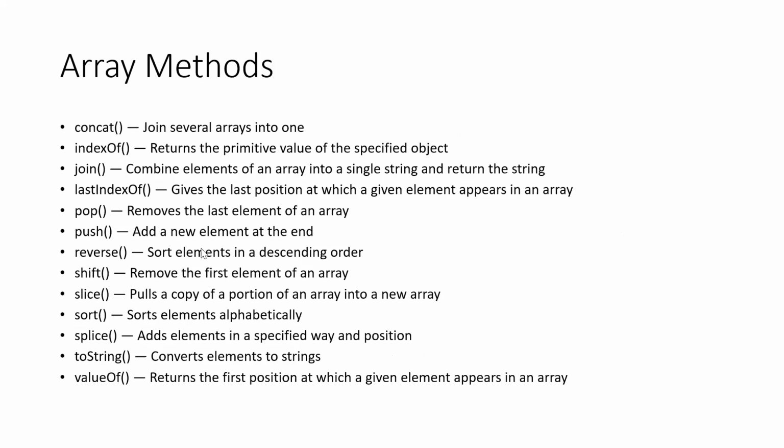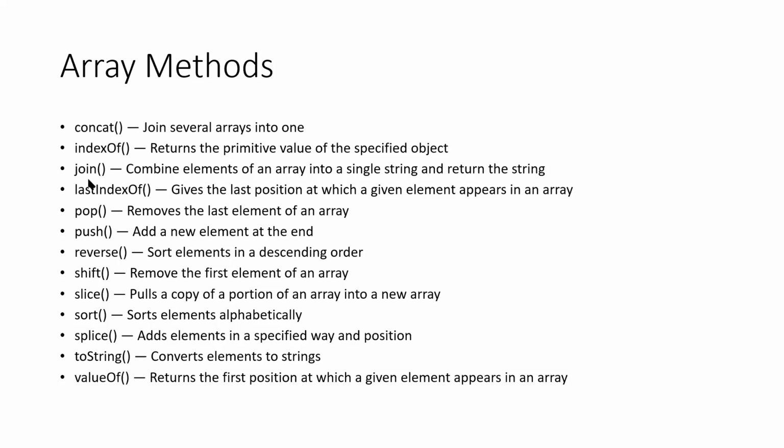So next, let's look at different methods that you can use. For example, you can use concat, which means if you want to join several arrays into one. Then indexOf, where we want to get the specific value of a given index.